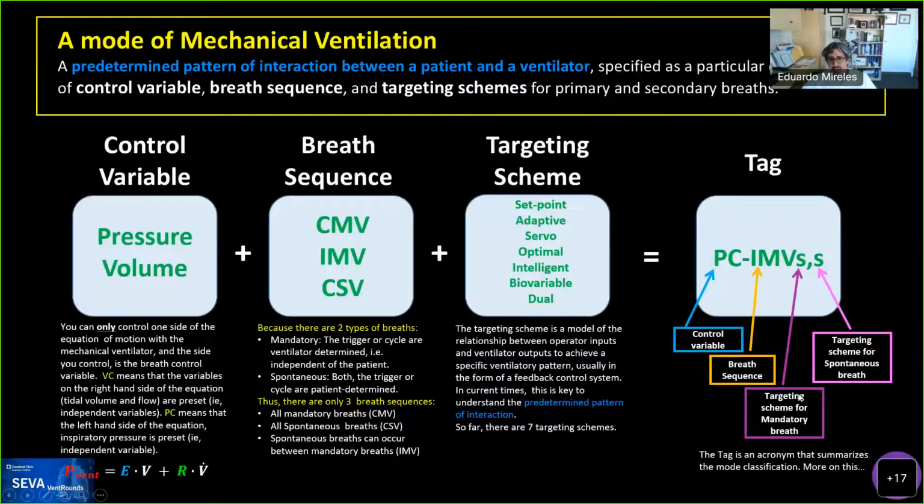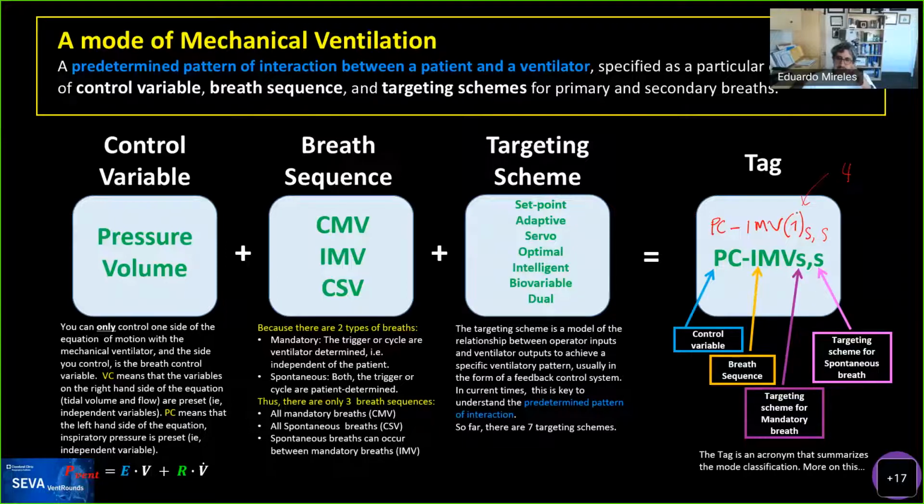Alrighty, so let's start with this one, and I'll tell you that in this ventilator, this mode is called volume control. So imagine that you come to the bedside and you see that the ventilator is called volume control. I would ask the people that are attending right now to enter on the chat, what is the tag for this mode? So how would you describe it?